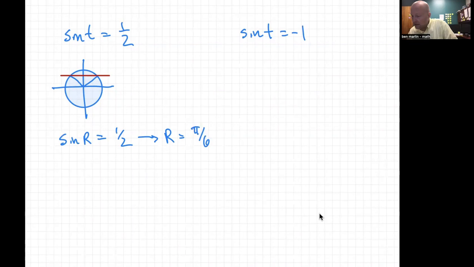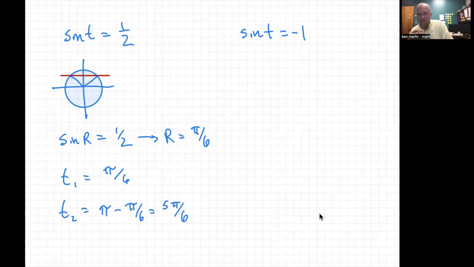So that means that my values for t, the one that's in the first quadrant will just be pi/6. The one that's in the second quadrant will be pi minus pi/6, which is 5 pi/6. Okay.